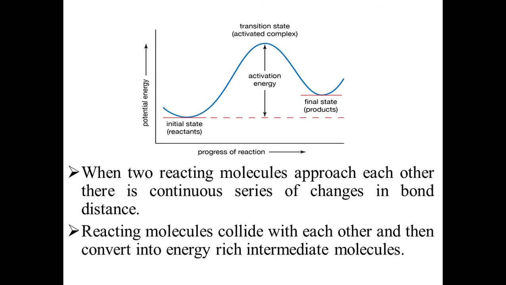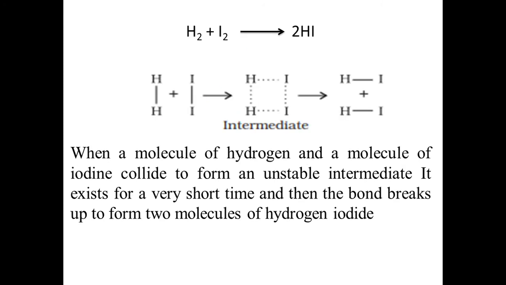When two reactant molecules collide with each other, there is a formation of an intermediate molecule or activated complex which is energy rich. For example, when an H2 molecule collides with an I2 molecule, there is a formation of an intermediate or activated complex.